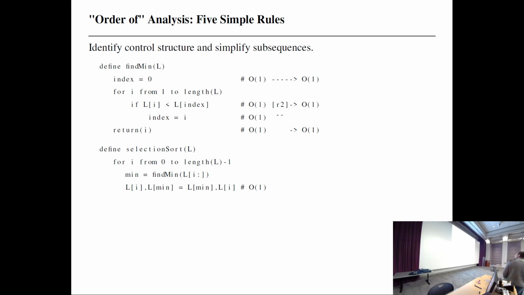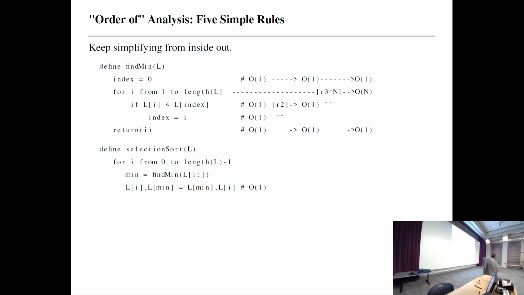This piece of code and this piece of code have not changed, so I'm just going to reproduce them over on the right so these things line up. So I have order 1, order 1, order 1. I haven't accounted for this loop, which I have to do next. Rule 3 tells me that the cost of this whole loop is however many times I run the loop times the cost of what's inside.